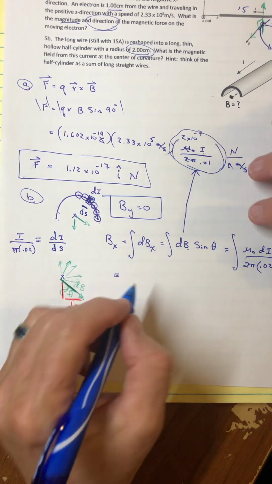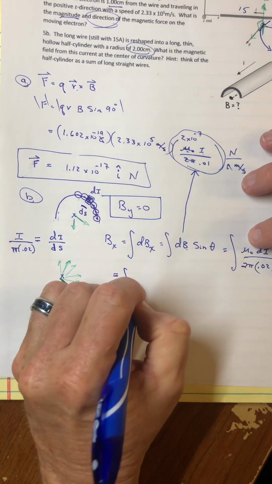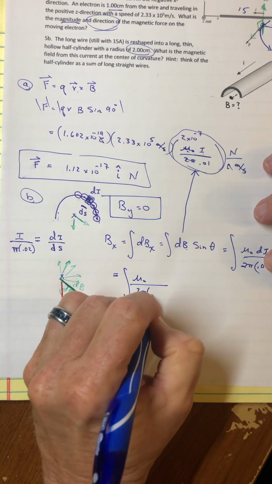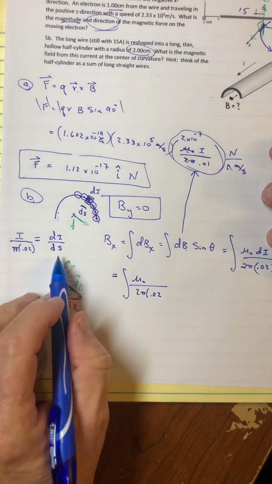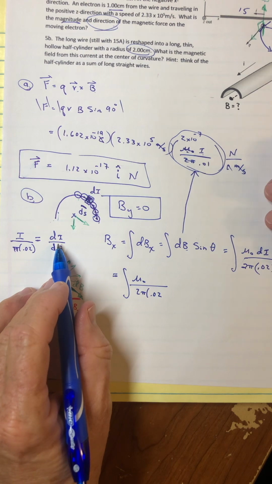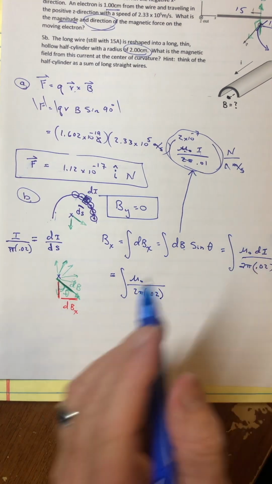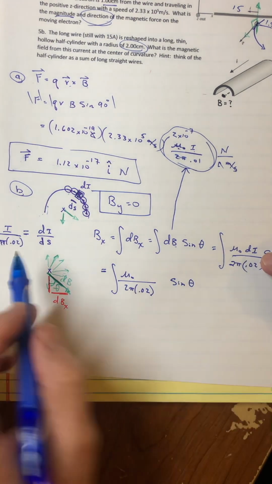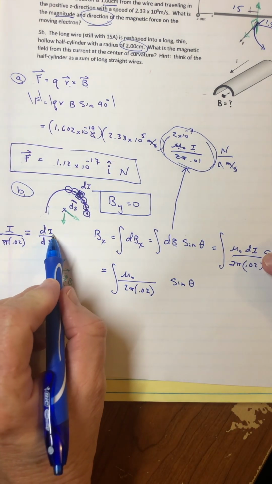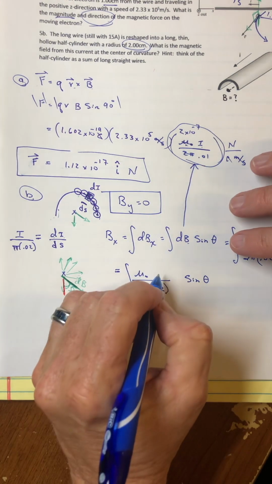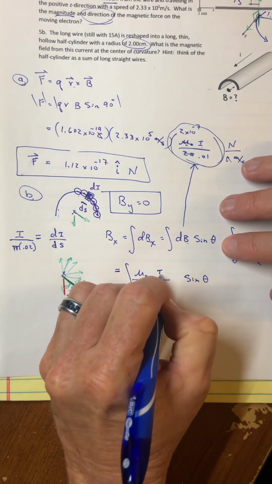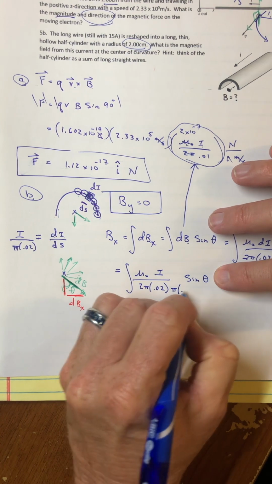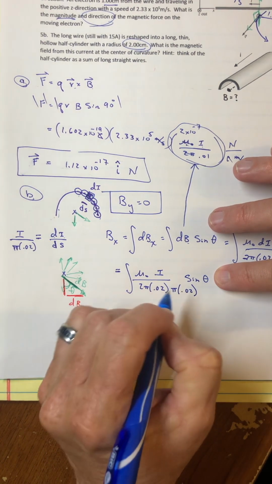And that's nice here because I can now replace this di with I over pi times 0.02.